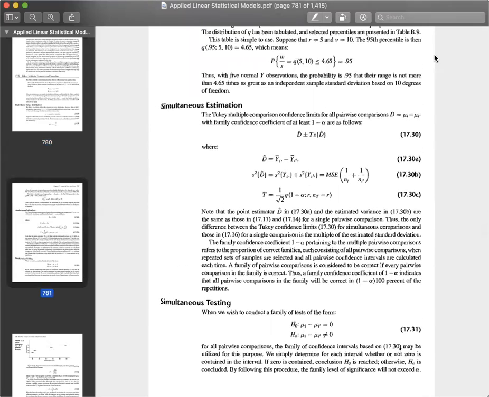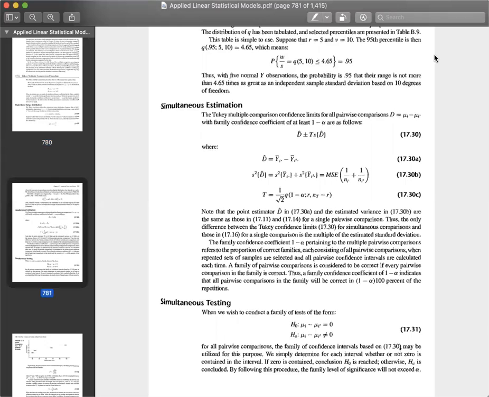The simultaneous estimation. The Tukey multiple comparison confidence limits for all pairwise comparisons D equals mu i minus mu i prime, with family confidence coefficient of at least 1 minus alpha, are as follows. D hat plus or minus T S of D hat, where D hat equals Y i dot bar minus Y i prime dot bar, S squared of D hat is the MSE times 1 over n i plus 1 over n i prime, and T equals 1 over radical 2 times Q(1 minus alpha; r, nT minus r).